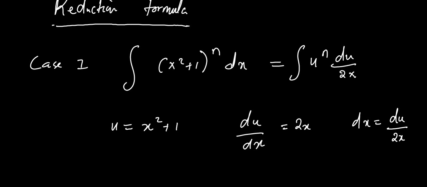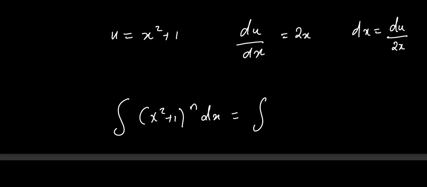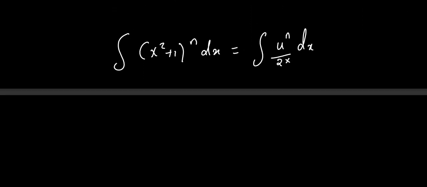So that's the first thing: whenever you have this expression here, the integral of x squared plus 1 to the power n, the answer is the same as the integral of u to the power n over 2x, then you have dx. Again we have to integrate this part.